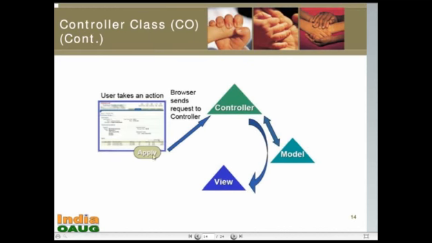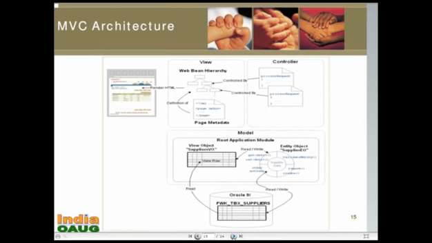So when the user clicks some button, the controller will be executed. Inside the controller you write some database actions, it will go to the model, select and view. Otherwise it will directly be viewed. So this is your model: database, view object, entity object. The entity object does both read and write, and the view object reads. The controller has these two methods.